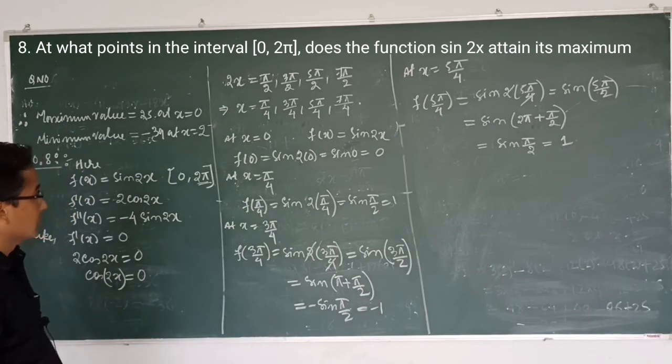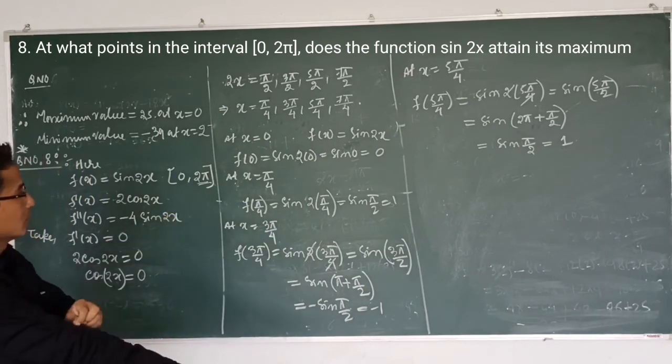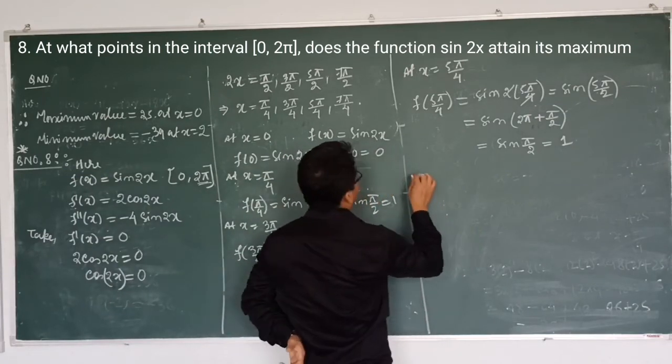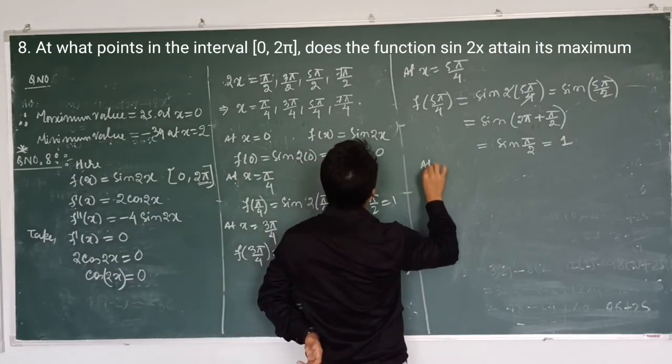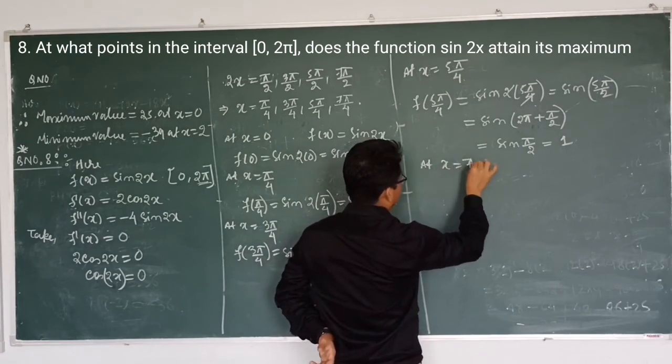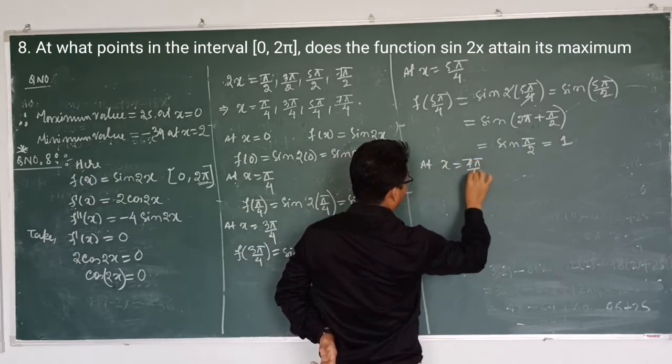And after that we go for 7 pi by 4, at x equal to 7 pi by 4.